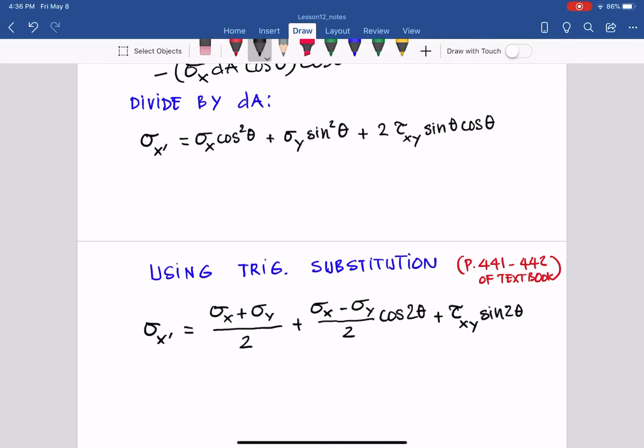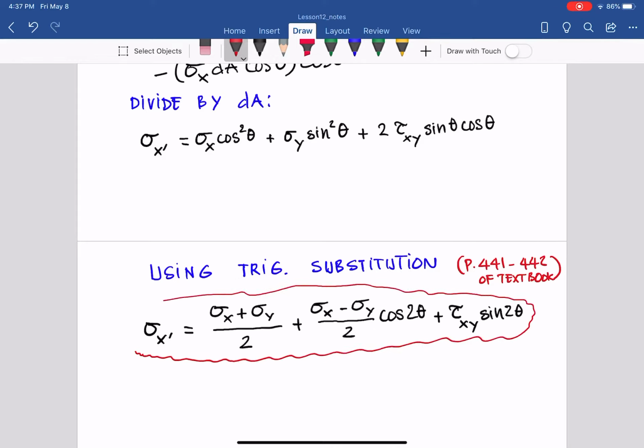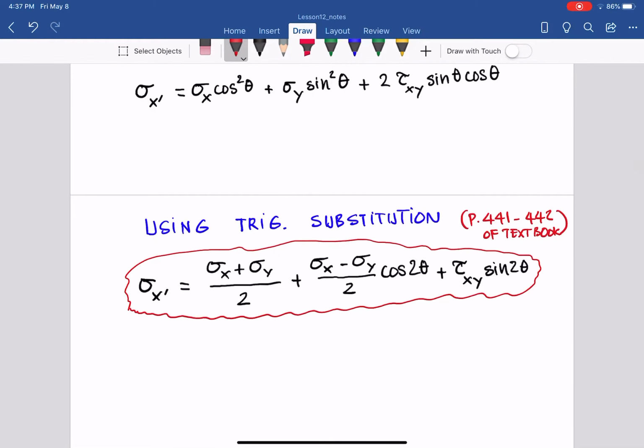So that is what you have, and we box it to find the normal stress in the x apostrophe plane, at an angle theta from the original coordinate plane xy.